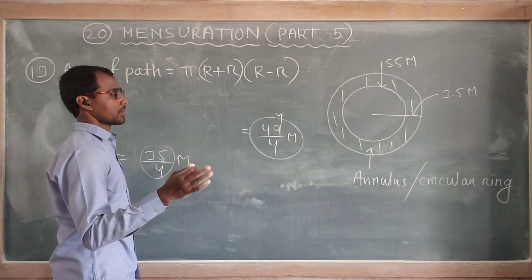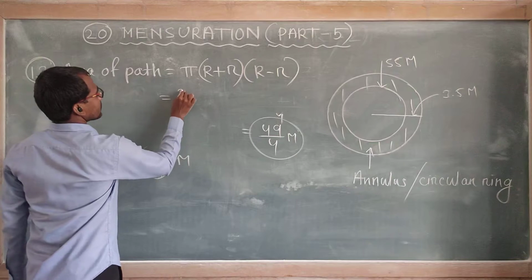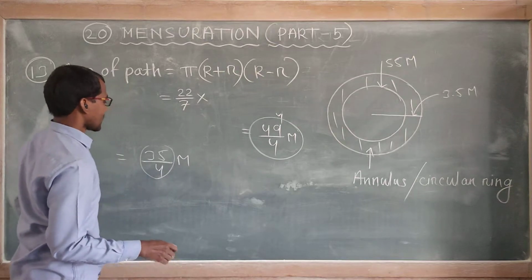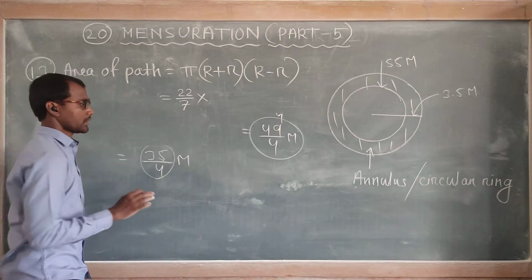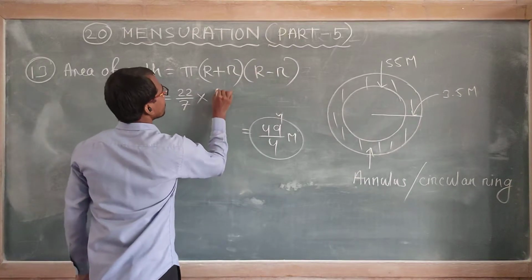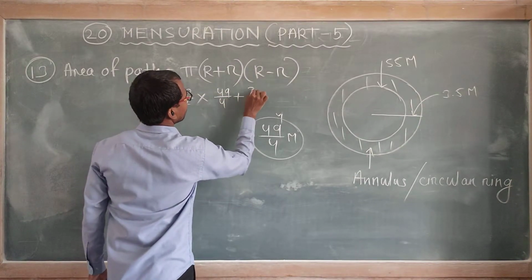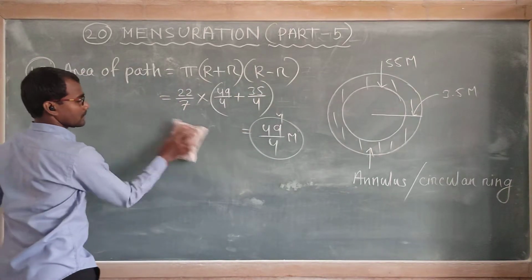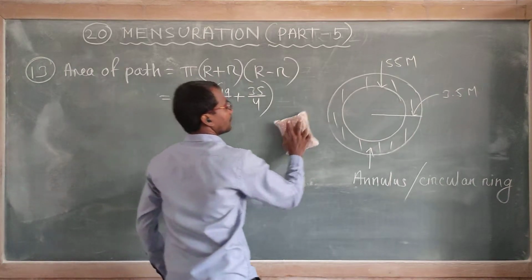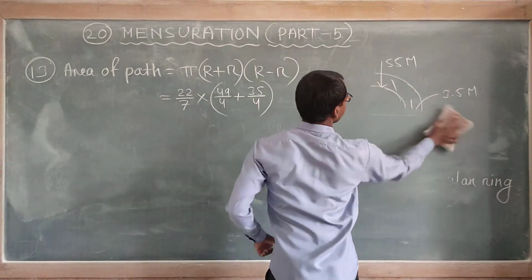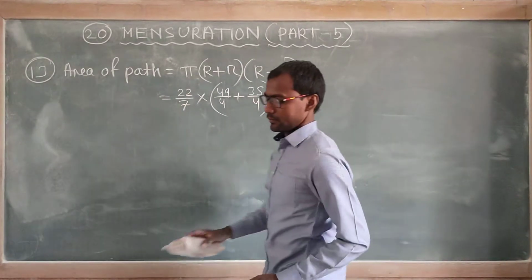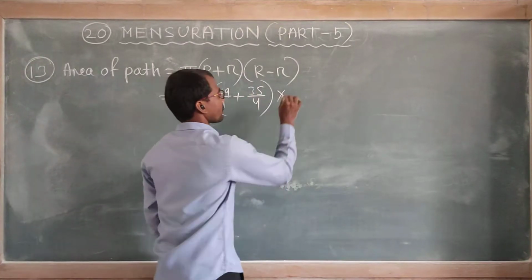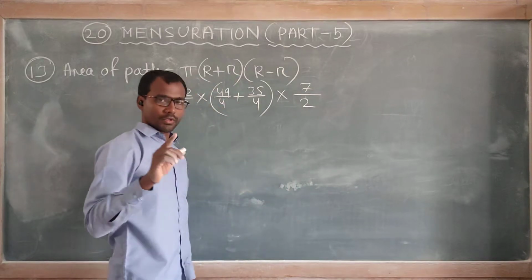Which is 22 by 7 into, now R plus r means 49 by 4 plus 35 by 4. Then into R minus r, which is the width of the path, which we have already got, 3.5 or 7 by 2.